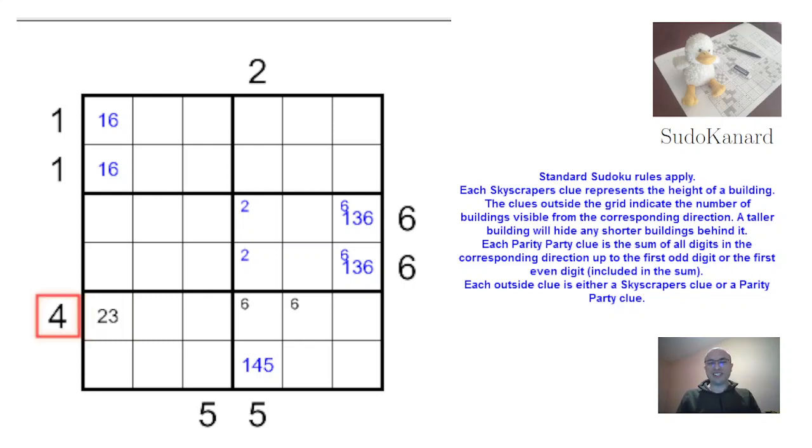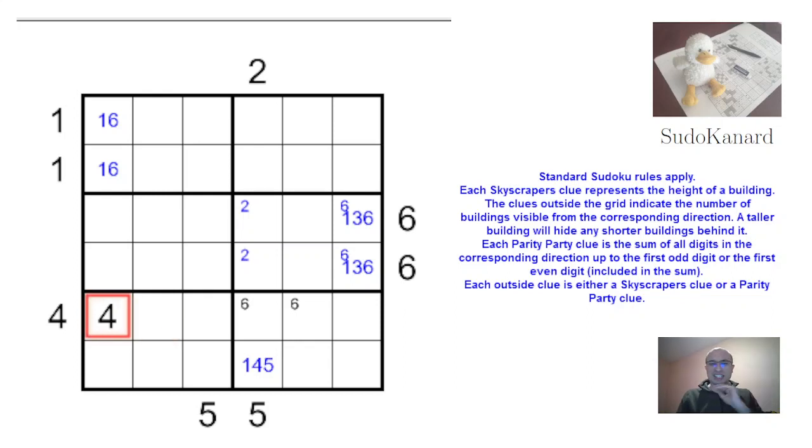And that would be interesting for an interaction with this 5, because then this 5 would never be 2 and 3. So this is at most 3. So I think that's correct. But then what if this is a parity party clue? Then the only option is digit 4.